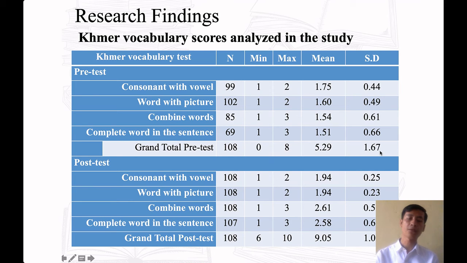After the students finished the lesson process, they did the post-test again and got a mean score of 9.05, with a standard deviation of 1.05. It means the students increased their score nearly double between the pre-test and the post-test.